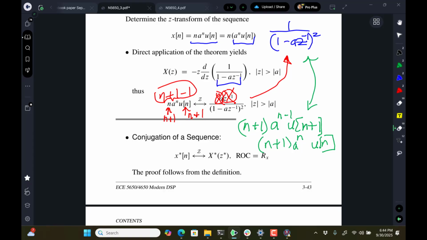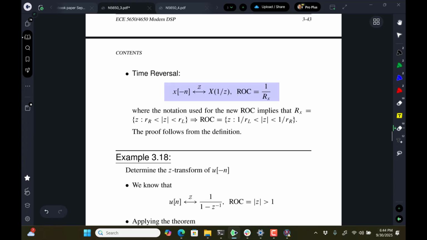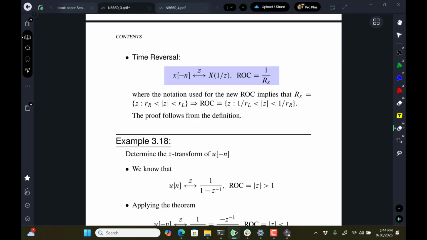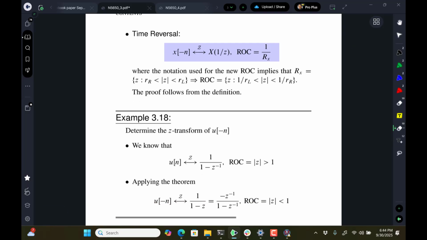Sequence conjugation is kind of esoteric. Time reversal is important, so this is an interesting property. I have a strange analogy to this with wearing socks and turning your socks inside out, okay? You have to listen to this and see if it makes sense to you.